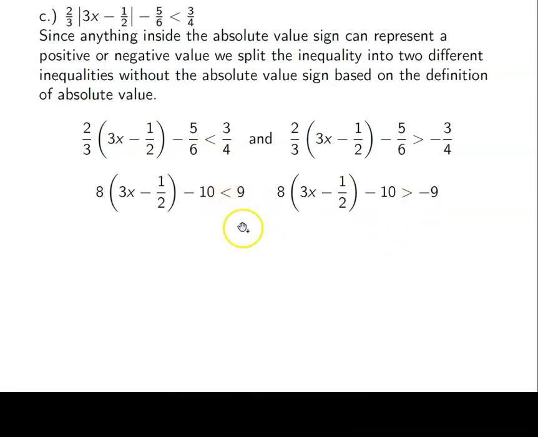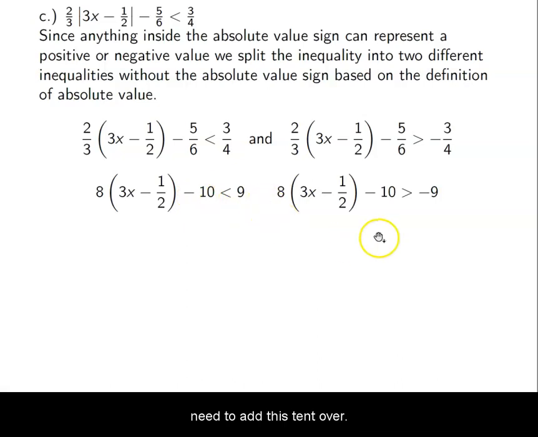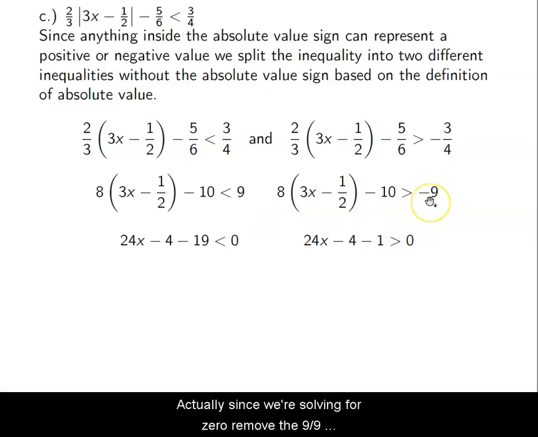Okay. So now we solve this like normal. We try to isolate our variable. So we can do this several ways. We can distribute now if we want, but it doesn't matter because we still need to add this 10 over, right? So actually, since we're solving for 0, we move the 9 over, okay, in this case.